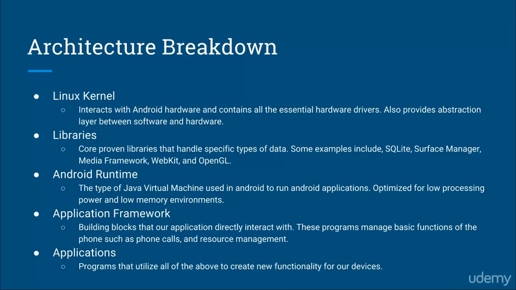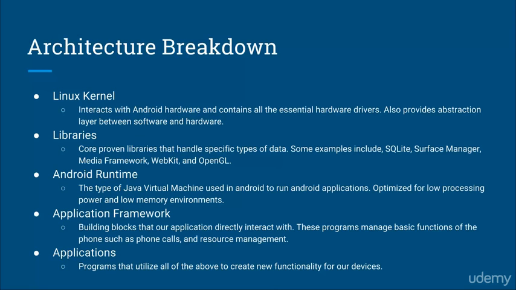So our application framework. Our application framework is building blocks that our applications directly interact with. These programs manage basic functions of the phone, such as phone calls and resource management. So these are the tools or the blocks that we're going to grab and utilize when we are building our application. Say we want to make an application that deals with managing phone calls.